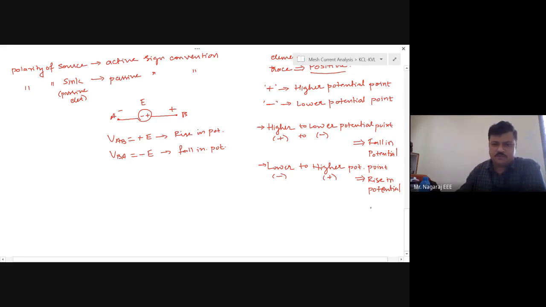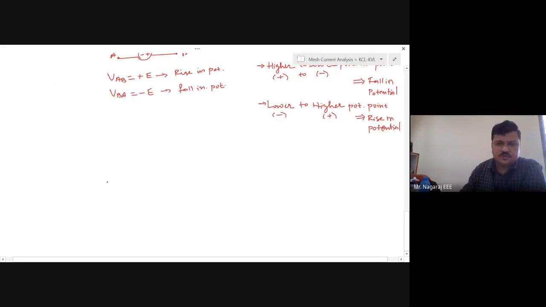But when it comes to a passive element, suppose I have the resistor, a passive element.